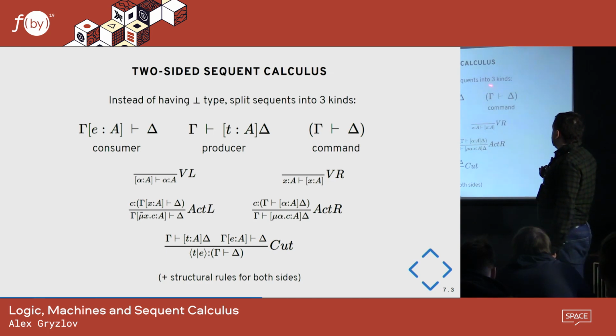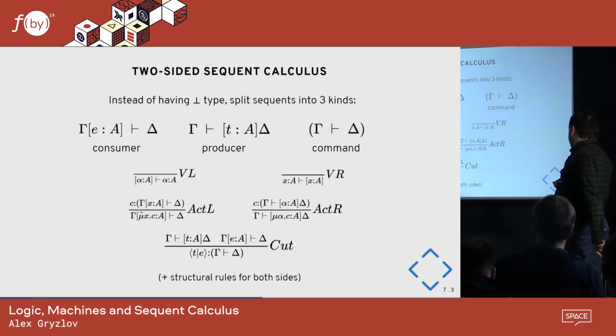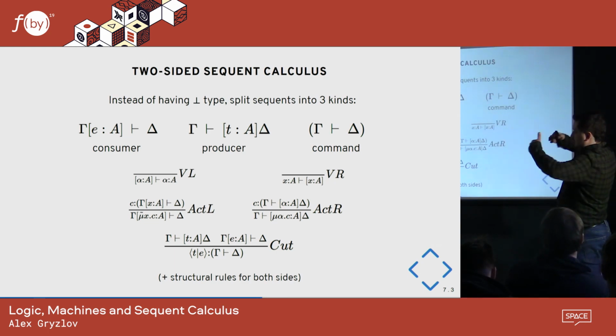Instead of having this bottom type, you split your sequent into three kinds. You have a context and the thing that you can focus on the left. You can think of this as some kind of consumer. The symmetrical situation on the right is some kind of producer. And then there's this command, which plugs the consumer and producer together to start a computation.